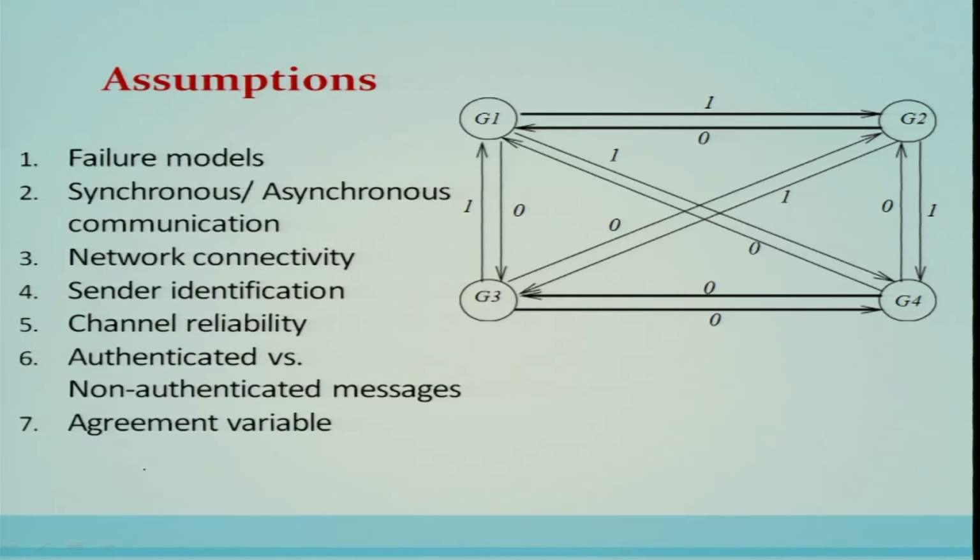Before that, let us see the problems of agreement. In this particular figure, this is the Byzantine general problem, which is why it is represented as G. Here there are 4 generals leading the troops, and that is why they are group 1, group 2, group 3 and group 4.